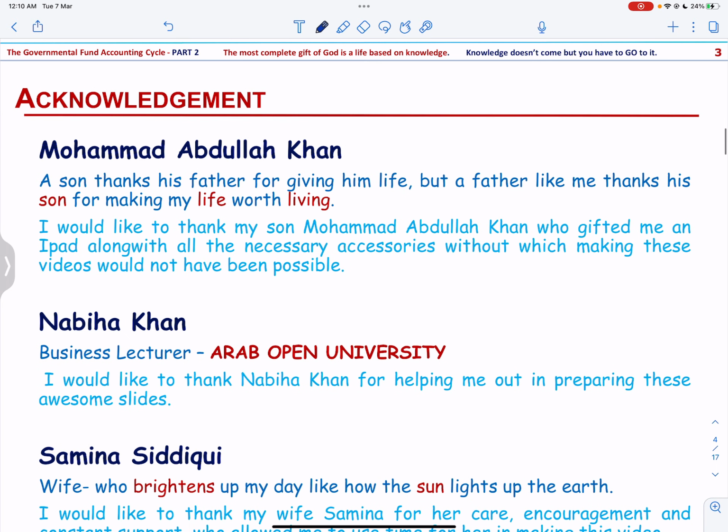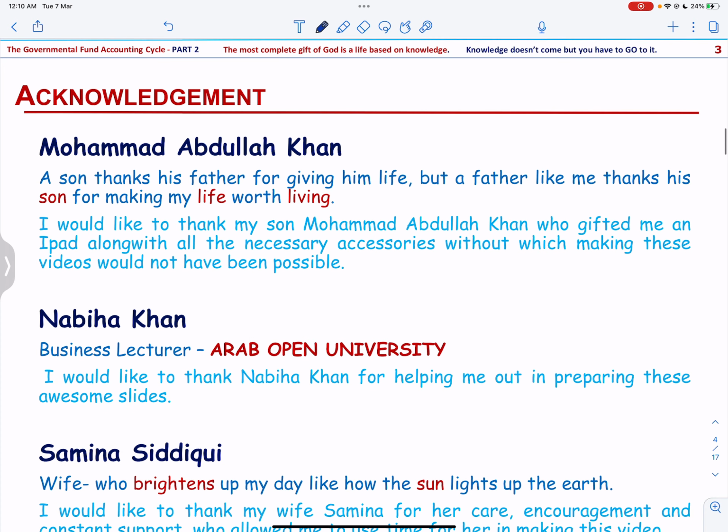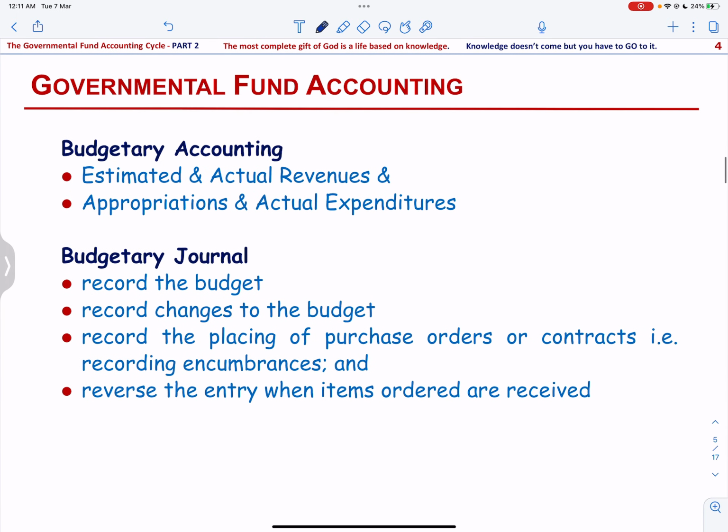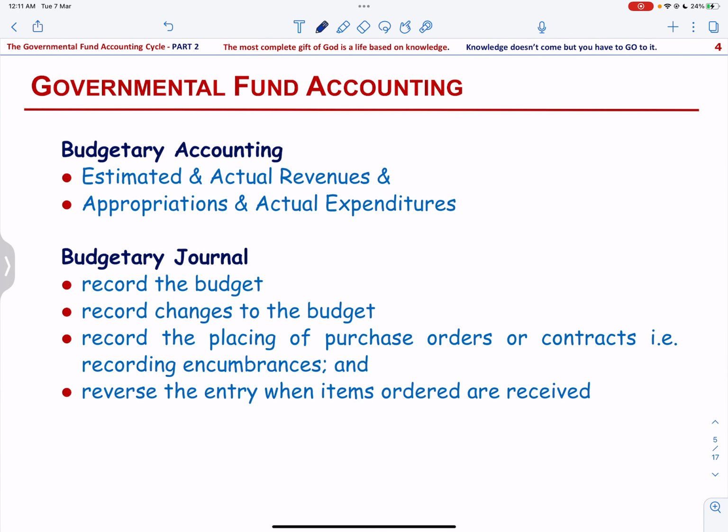Before we start solving exercises, I would like to review the concept of budgetary accounting. Government budget determines the estimated revenue and appropriations. This helps to compare the estimated revenues with actual revenues to ensure that the estimates are realized.